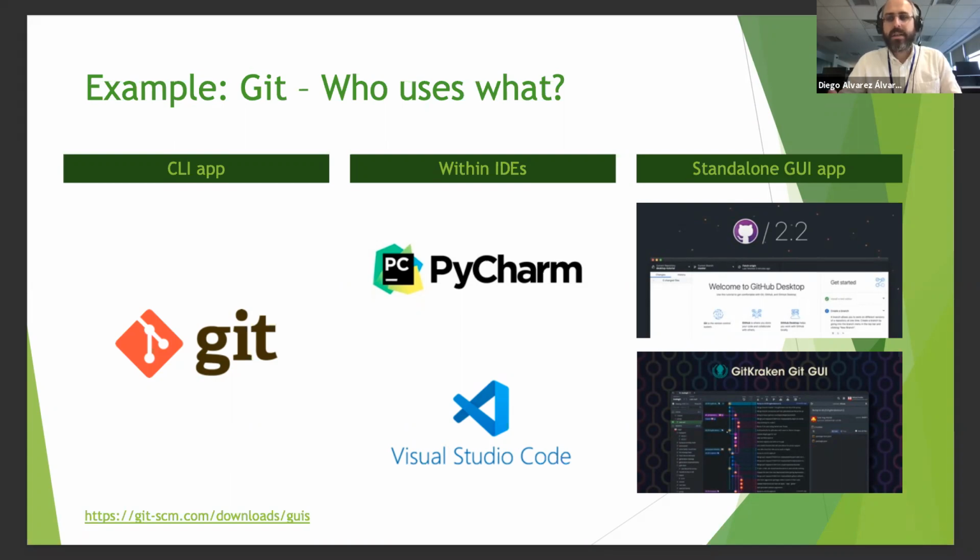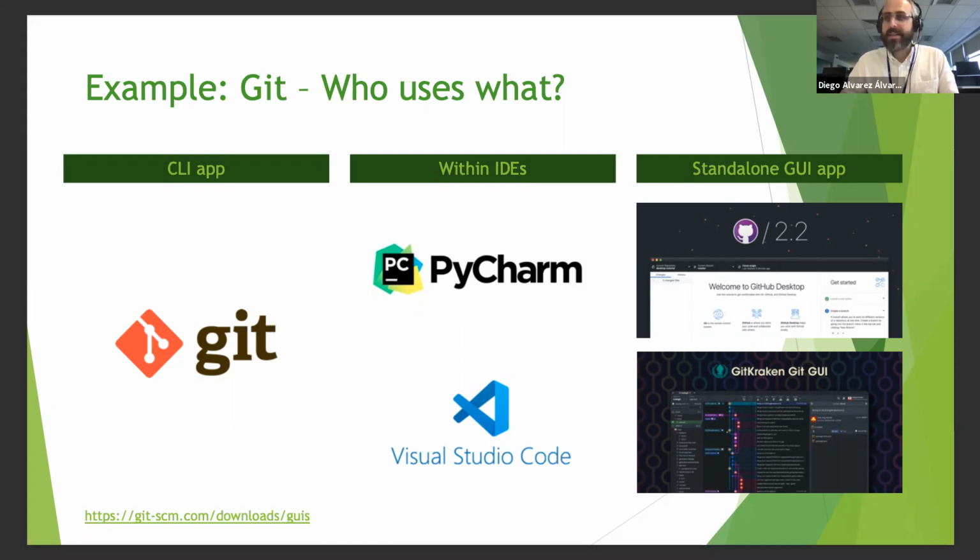Now, raise your hand if you use Git for some specific functionality, if you use the command line, and for other functionality, you use one of the GUI versions, either integrated in the IDE or as a standard application. Depending on what you do, you use one or the other. Yep, that's what I thought.